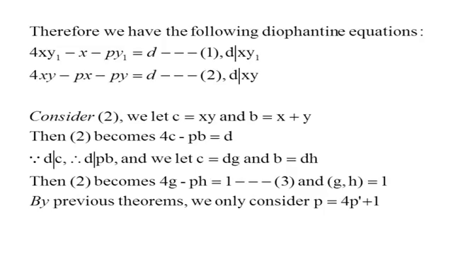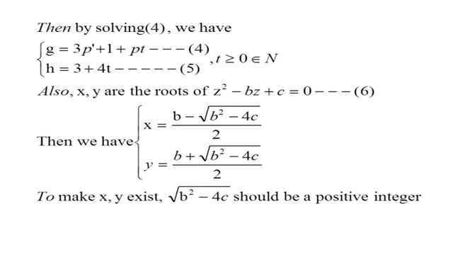We solve these Diophantine equations, letting this equation be a combination of linear Diophantine equations and quadratic equations. That is, we let b equal x plus y and c equal xy. Then we solve them individually.